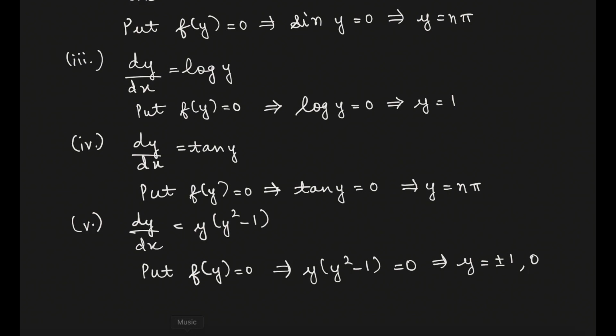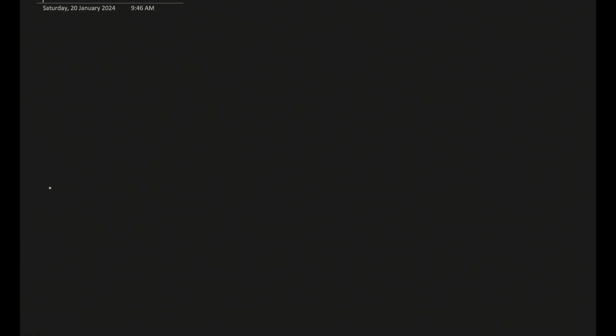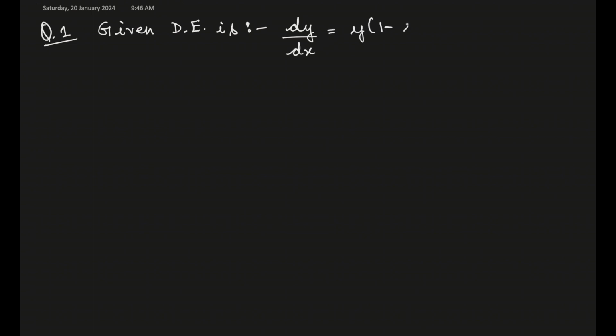Now I am discussing one interesting example. Question number 1. Given differential equation is dy by dx equal to y(1 minus y), y(0) is equal to 1 by 2. Now which of the following are correct?